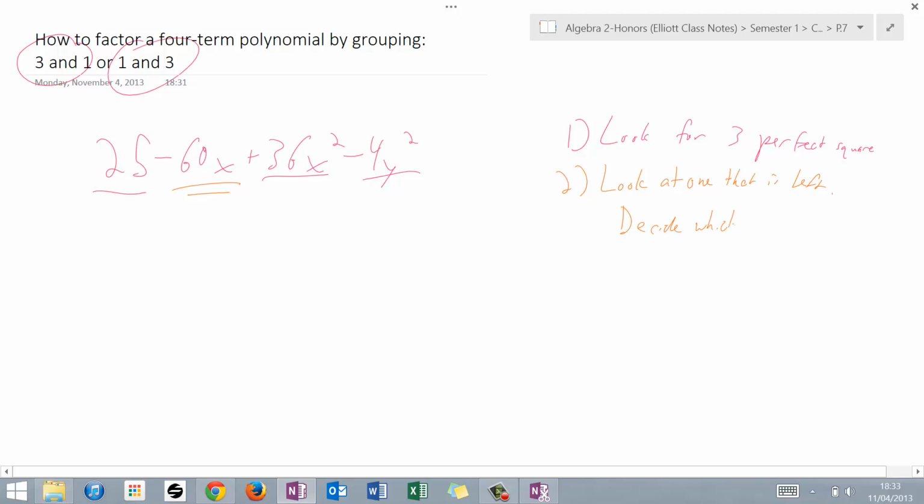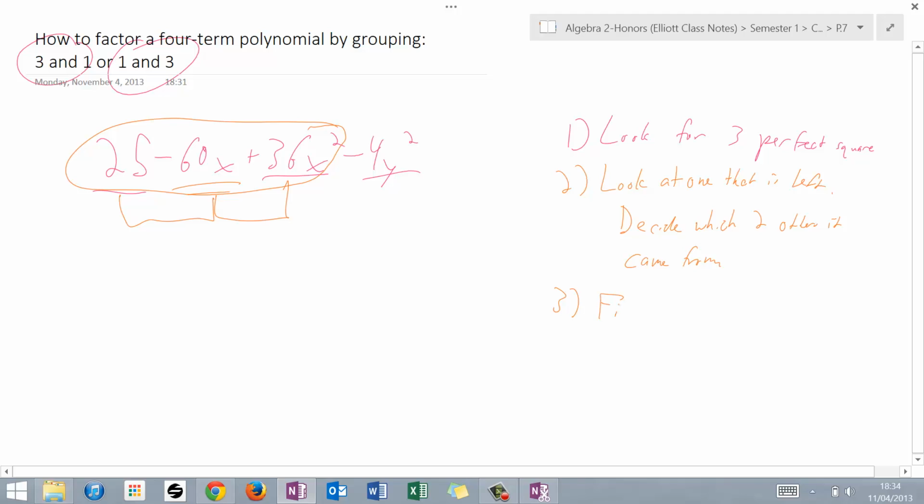Decide which 2 others it came from. So this 60x, well, it's an x, so it definitely came from that, and it doesn't have a y in it, so it probably came from this. Now, these are going to form our perfect square trinomial.